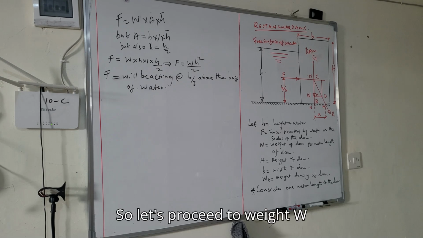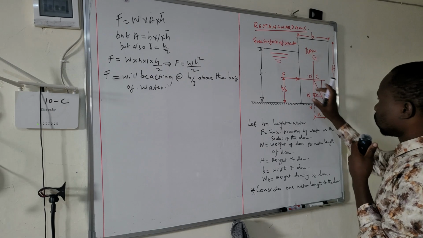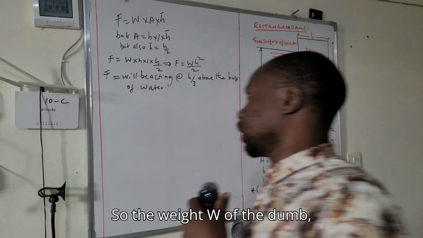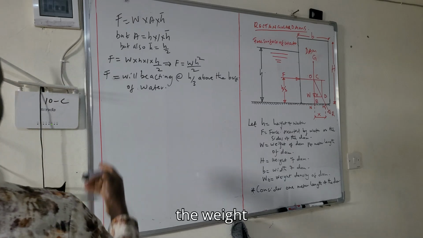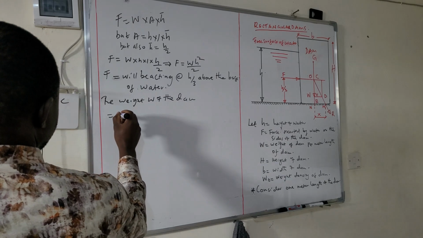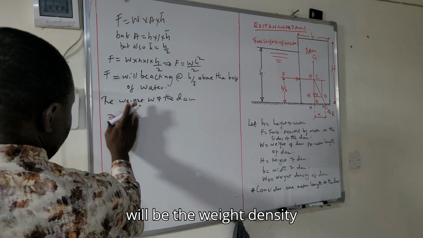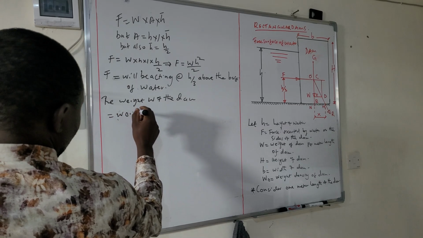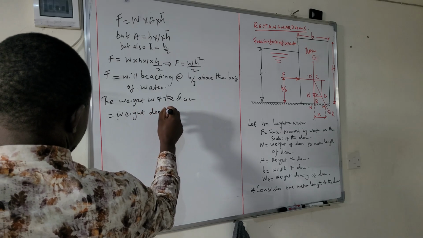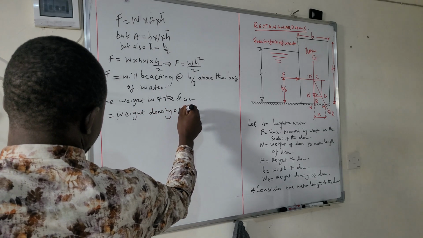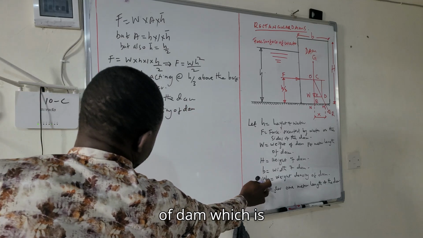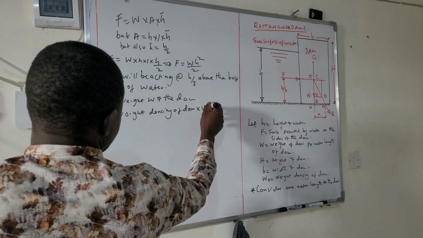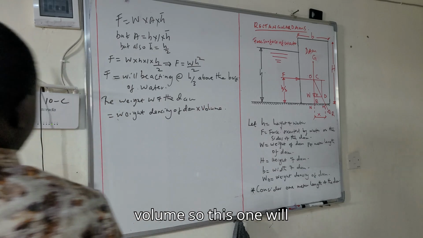So let's proceed to weight W of the dam. The weight of the dam will be the density of the dam, which is W0, times volume.